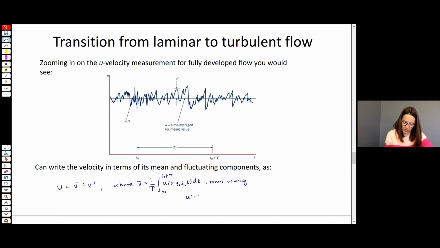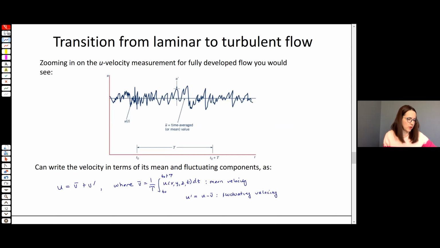And then we find the fluctuating component by simply subtracting the mean from the whole velocity signal. Right, and this kind of decomposition is really fundamental in turbulence.